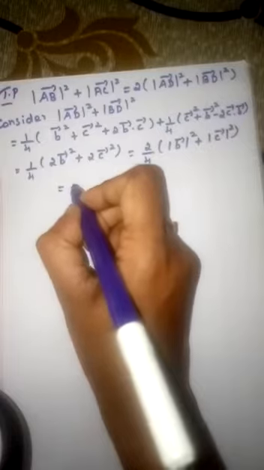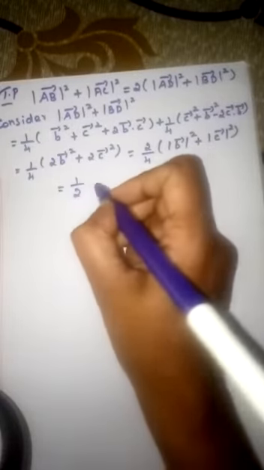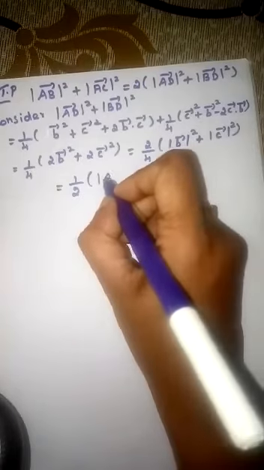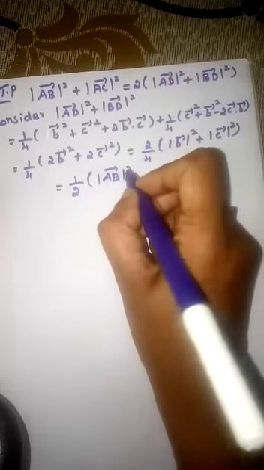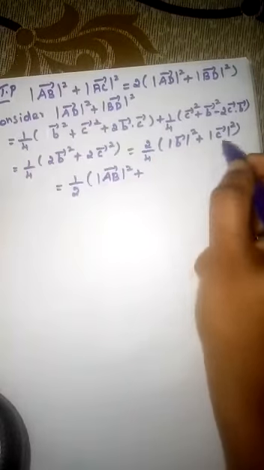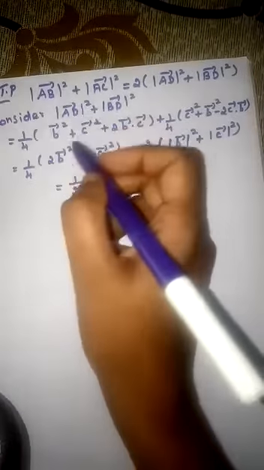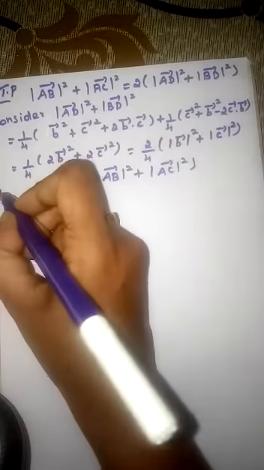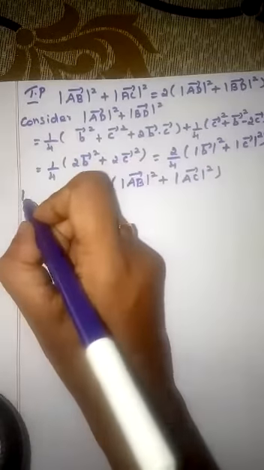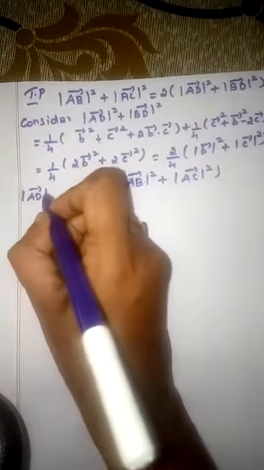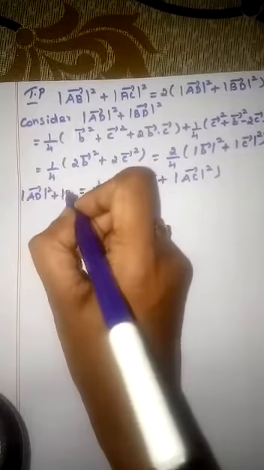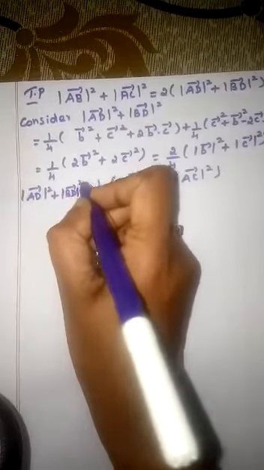You can cancel, it is 1 by 2 into, here instead of b vector you can write AB vector, |AB|² + |AC|². On the left hand side we have |AD|² + |BD|².